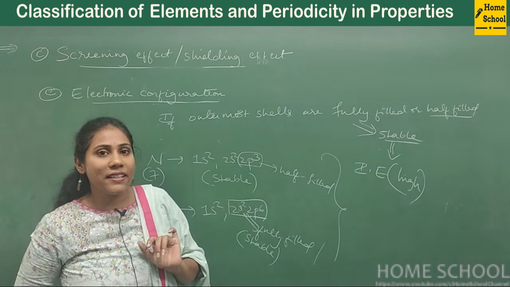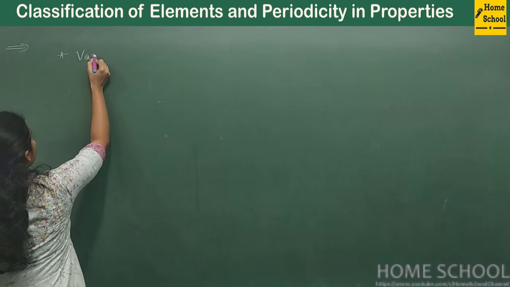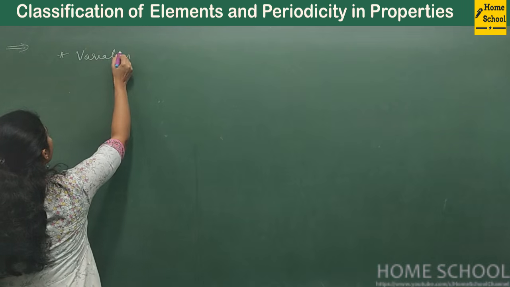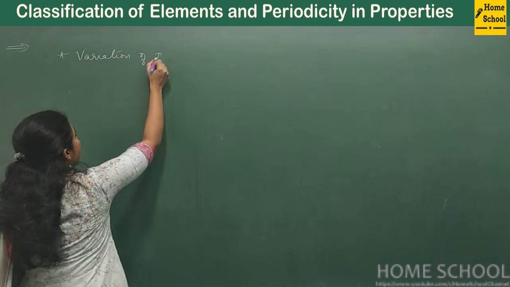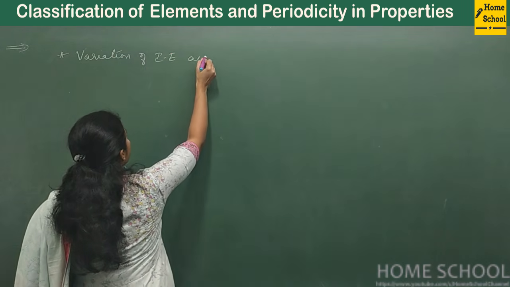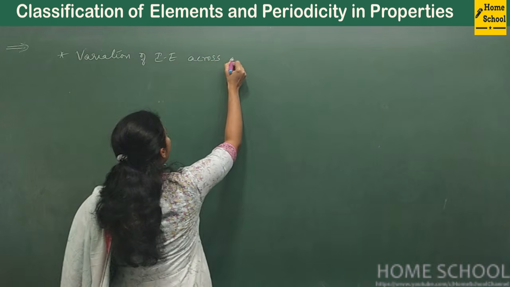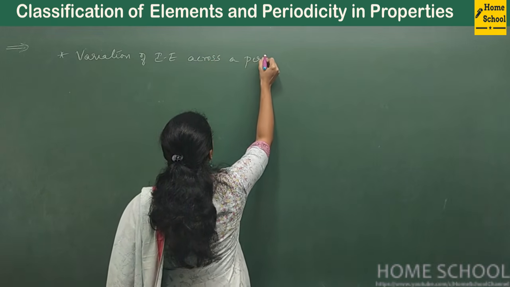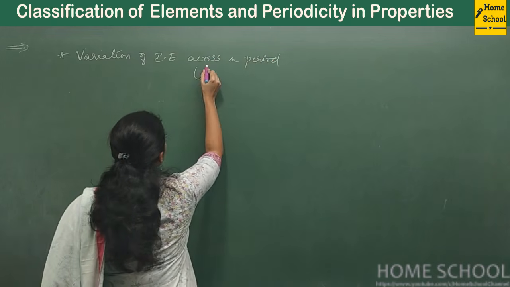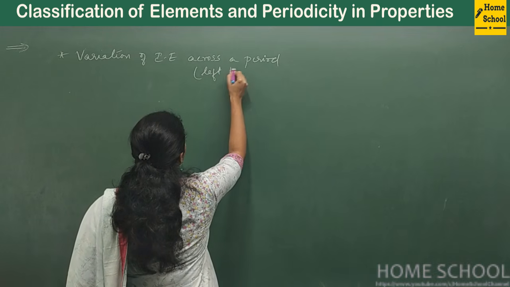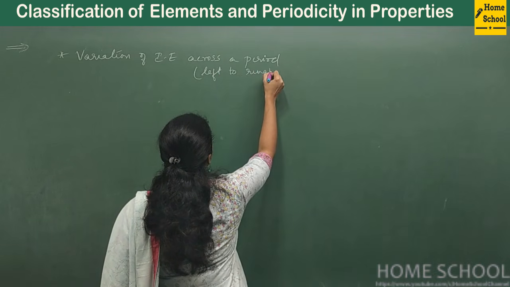All that we will discuss. First point, variation of ionization enthalpy across a period. Across a period in the sense what? When you go from left to right in the periodic table.